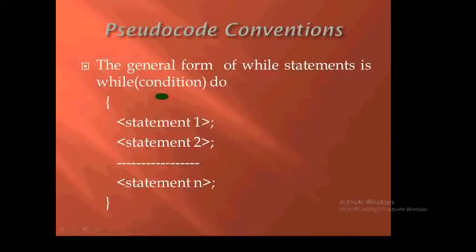These statements are repeated while the condition is true, and the execution gets terminated from this while loop when the condition becomes false. This is similar to the while loop in your programming languages.